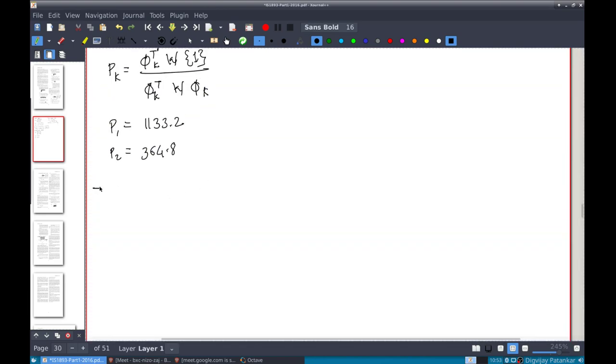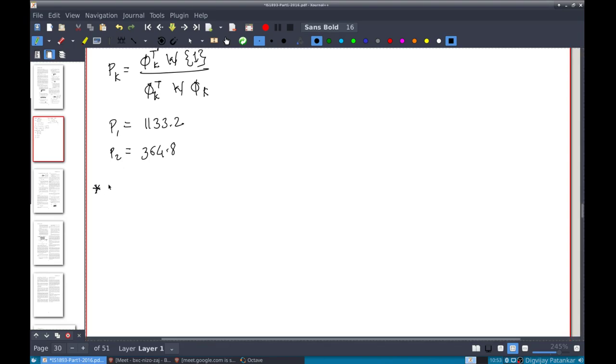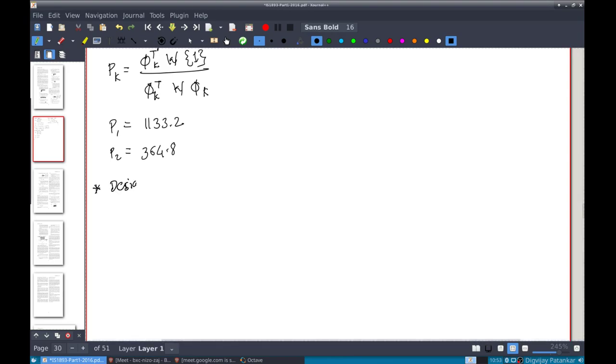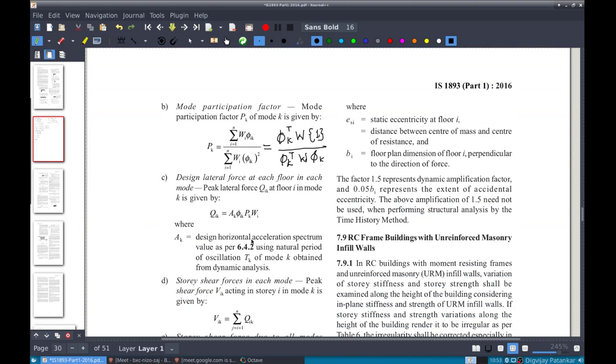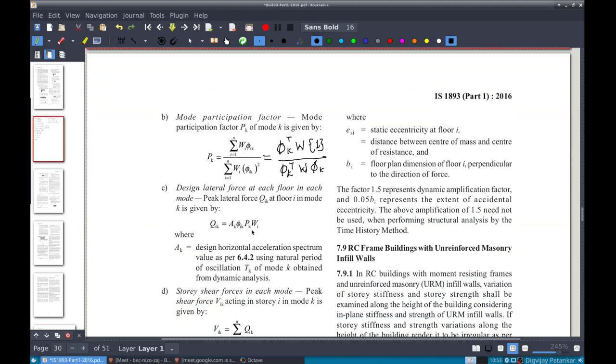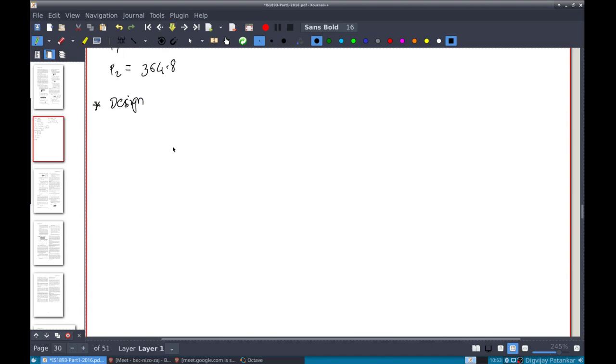So the next step would be the design horizontal acceleration coefficient.